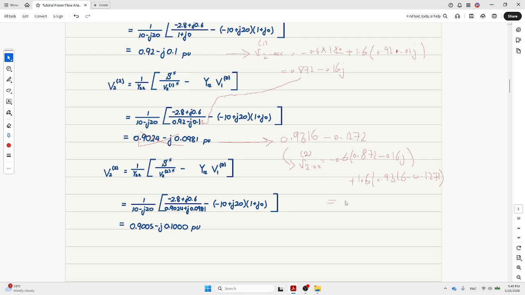Okay, so the value reached 0.9673674 minus 0.1076j. Then again, you can replace it here and calculate this value.